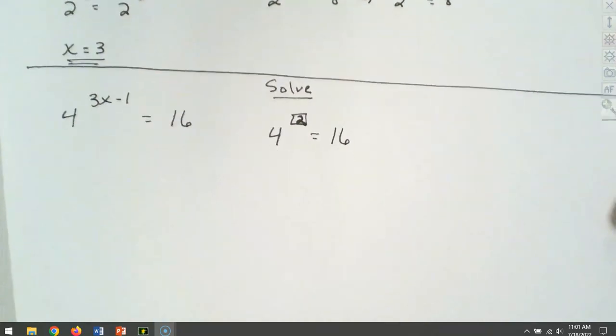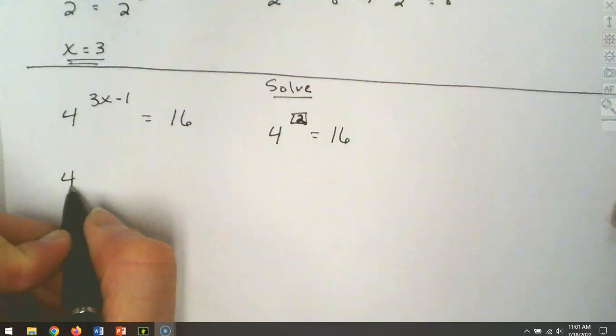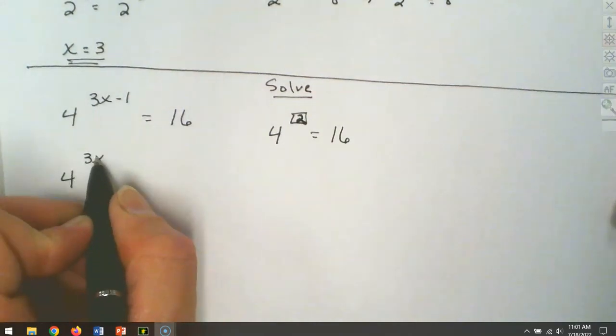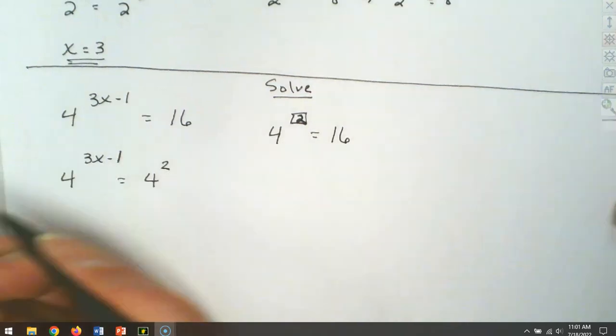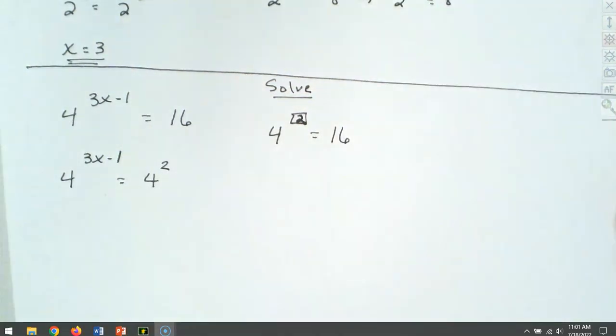Now we can rewrite this. So now we have 4 to the 3x minus 1 power equals 4 squared, right? Now, once the bases are the same, then the exponents are the same.